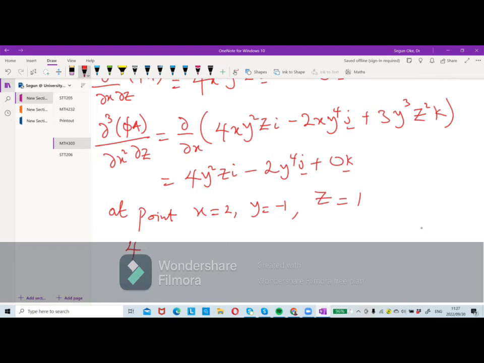You have 4 into negative 1 squared, into 1, i, minus 2 into negative 1 to the power 4 j. So you have what? 4i minus 2j. Any question? No one at all, sir.